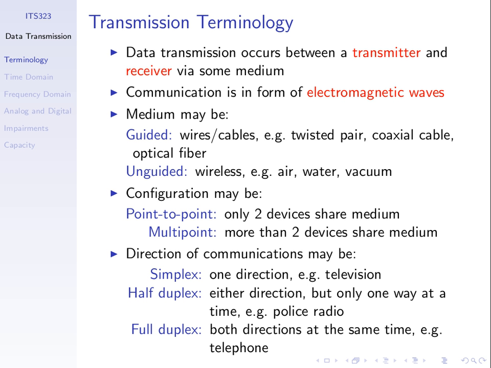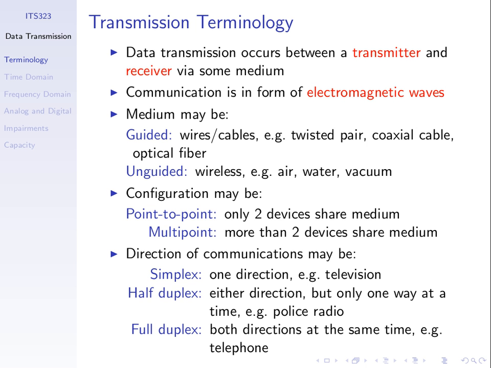So that's our very basic data communications scenario. Transmit data from one to another via some medium. So the medium is the thing between the transmitter and receiver. It may be a cable, it may not be. In the case of wireless communications, there's no physical cable there, but we still have a medium, which is the air.